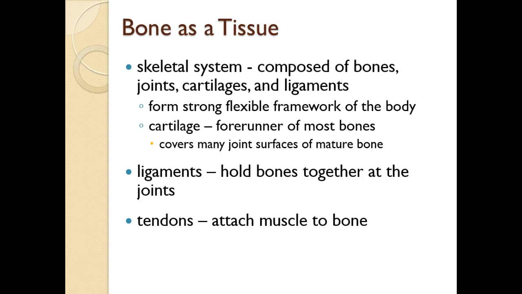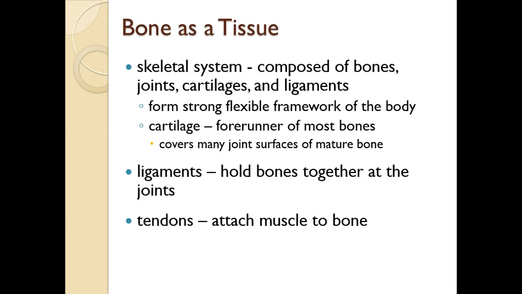And also you have cartilage, which, I mentioned in the tissues chapter, when a child is developing in utero, they start off not with bone, but with cartilage. And what type of cartilage is that? Remember what type of cartilage makes up fetal bones?